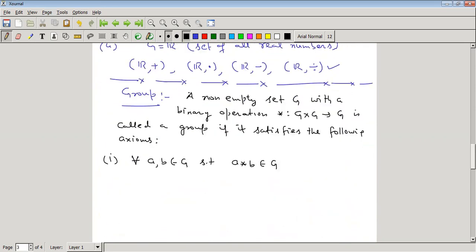Even in some textbooks it is given as the closure property, but it is already defined. So I skip this part.